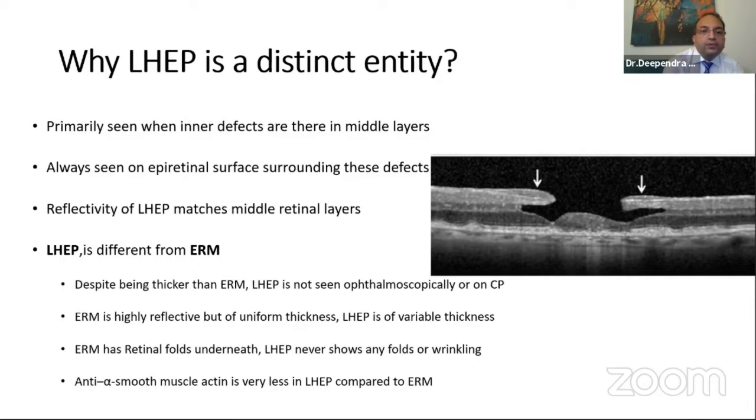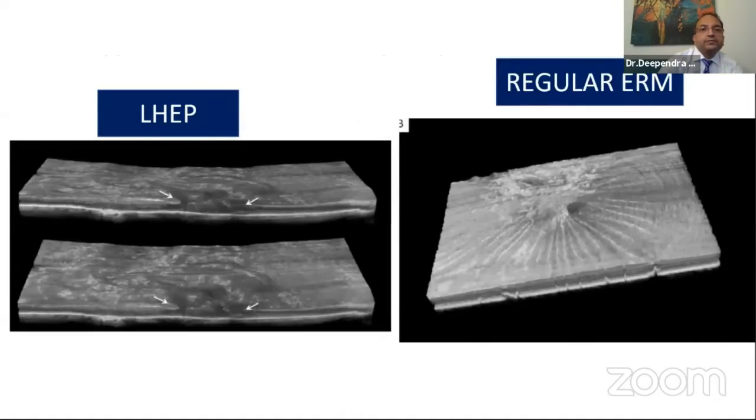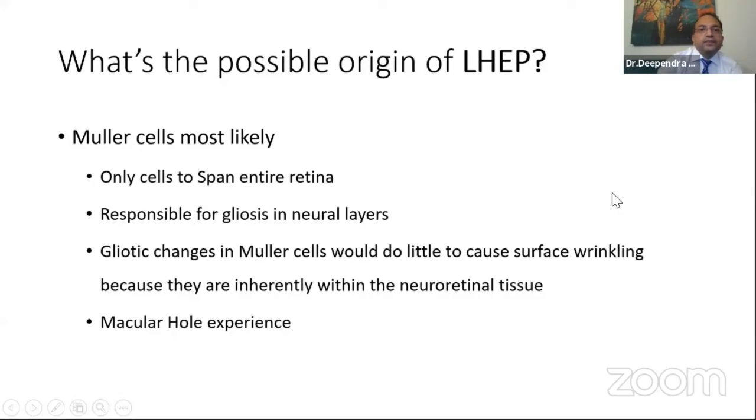I'll not go into the molecular details, but histopathologically and imaging wise, they could see that this membrane is different from our regular membrane. Of course, on NFAS also, you can see the difference. LHEP doesn't have those wrinkles and folds. It's more of a smooth kind of membrane, unlike your regular ERM.